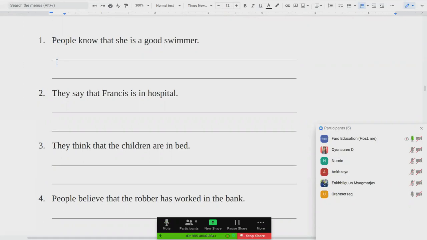She is known to be a good swimmer. To авч байгаа. Personal дээр энд is нь to be-гээ хэлж байгаа учраас to-гийн араас шууд be гэдгээр анхны хэлбэрээр авна. За болж байна. Okay, good.